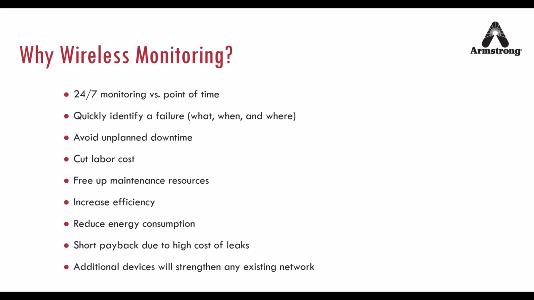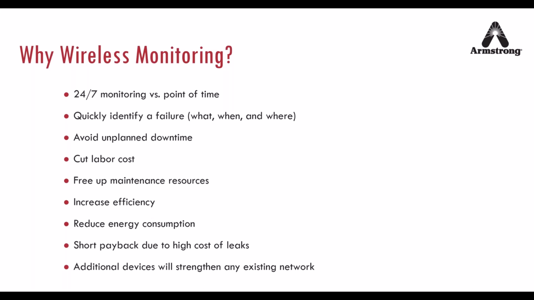So the wireless monitoring allows you to do 24/7 monitoring instead of a point in time. You quickly identify where the failure is. Also, wireless versus wire: steam traps and safety relief valves are all over the place. If you had to run cables and install wire connectors everywhere, the cost would be really prohibitive.